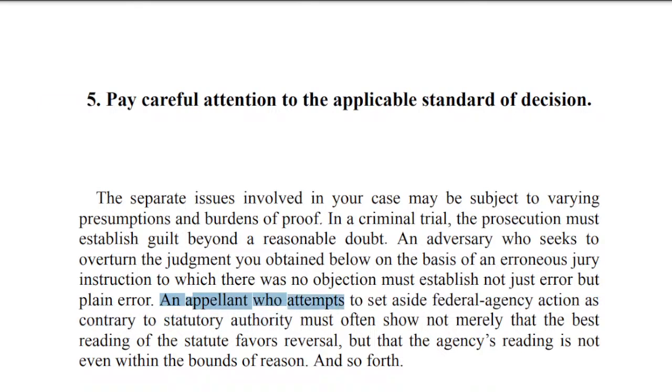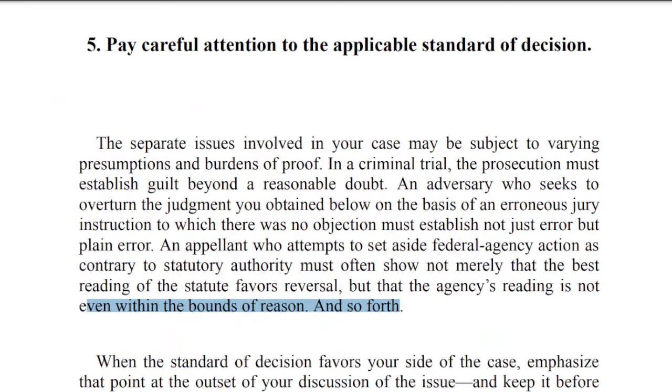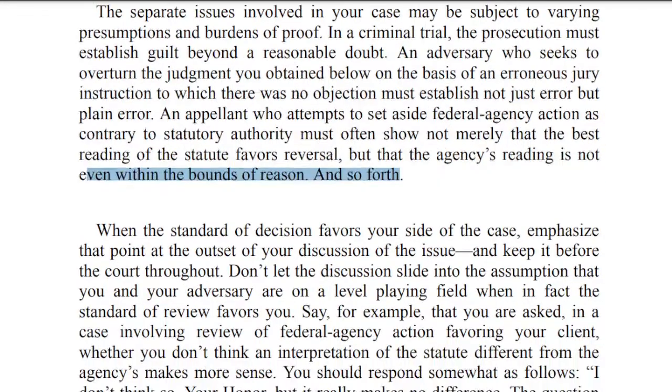An appellant who attempts to set aside federal agency action as contrary to statutory authority must often show not merely that the best reading of the statute favors reversal, but that the agency's reading is not even within the bounds of reason, and so forth. So good examples here about different separate issues that are going to have varying presumptions, burdens of proof, etc.